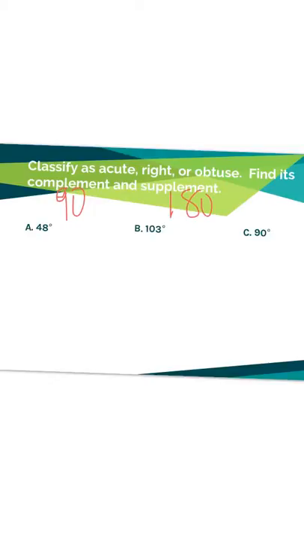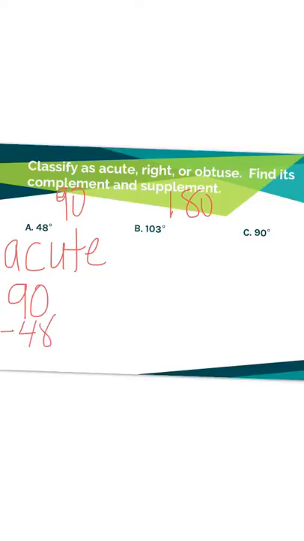So first, when you look at 48 degrees, we know that that is less than 90 degrees, so that is an acute angle. To find its complement, you just subtract from 90. 90 minus 48. So it would be 42 degrees is the complementary angle.